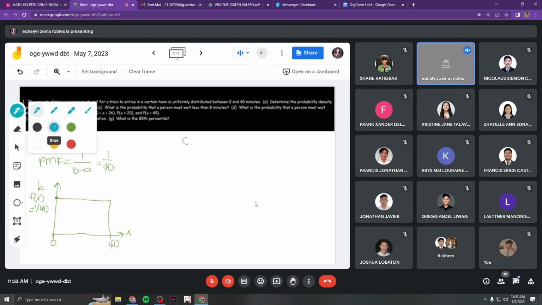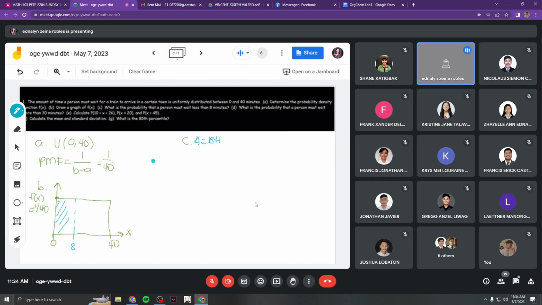Okay, let's do it here on the graph. The person will be waiting less than 8 minutes. So for example, here is our 8, and this is our area. This is our range from 0 to 8. If you want the probability, we get the area of this region. And area, as we mentioned, is base times height.